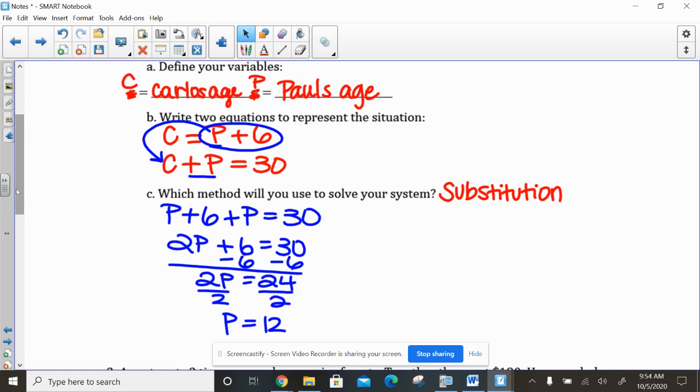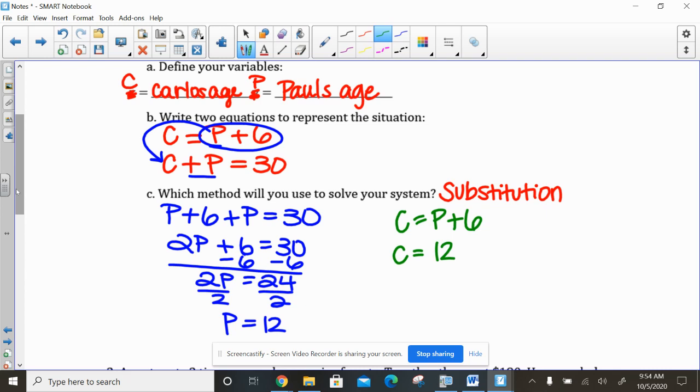So now I just need to go back and figure out Carlos's age. Well, Carlos is 6 years older than Paul. We know Paul was 12, so I'm plugging in that answer that I got, adding 6 to it. So Carlos is 18. And so I'm going to write that as a complete sentence.